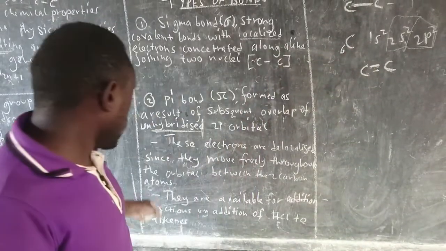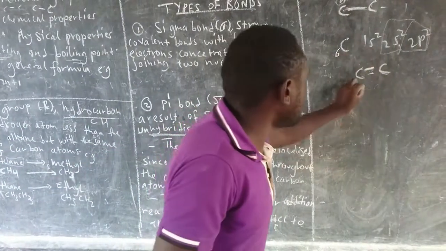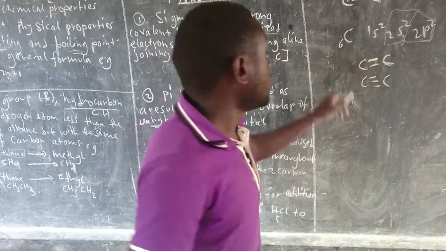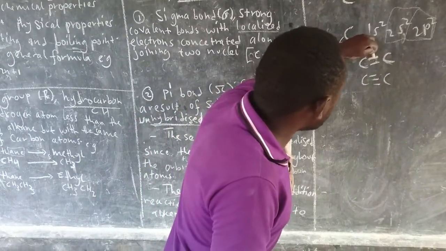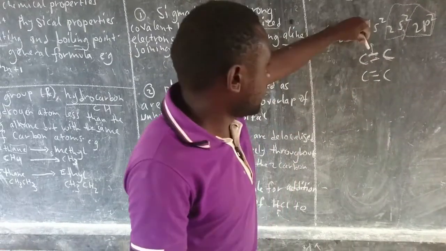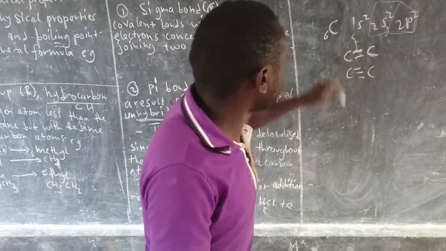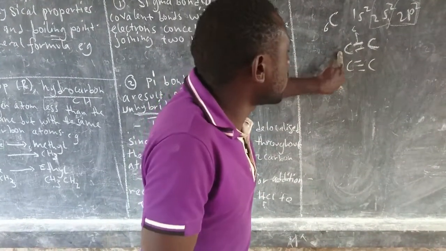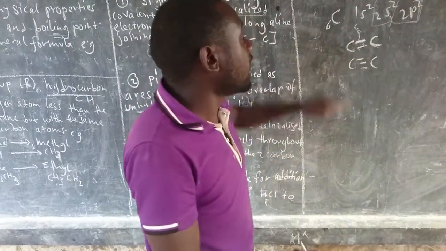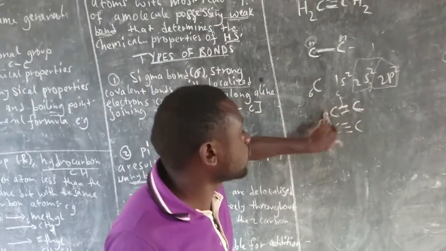A good example of pi bonds is the double bond and the triple bond. In the double bond we have both the sigma and the pi. The first one joining carbon to carbon is the sigma bond, because its electrons are highly concentrated along the line joining this nucleus to the other nucleus.